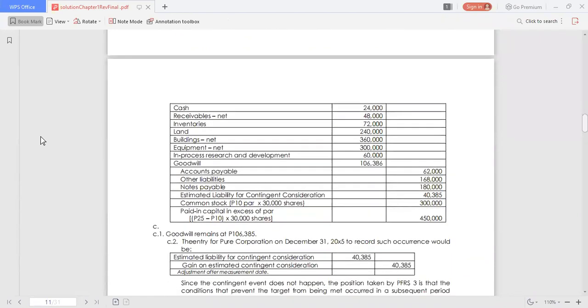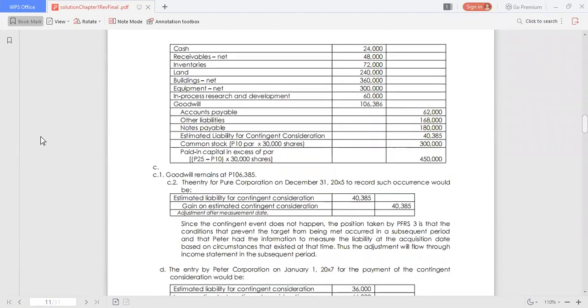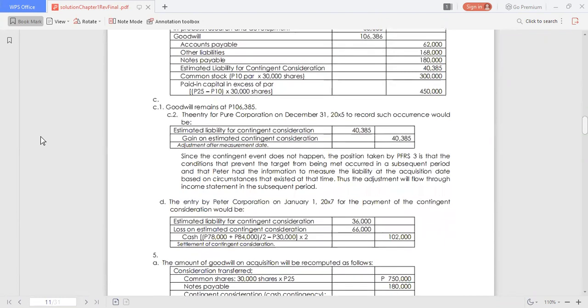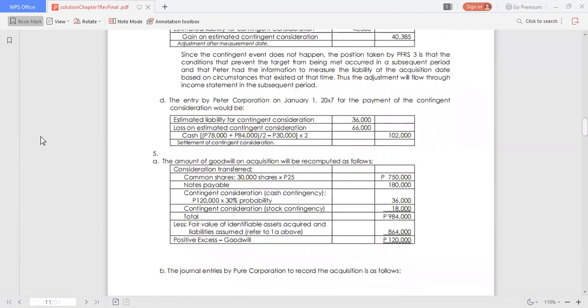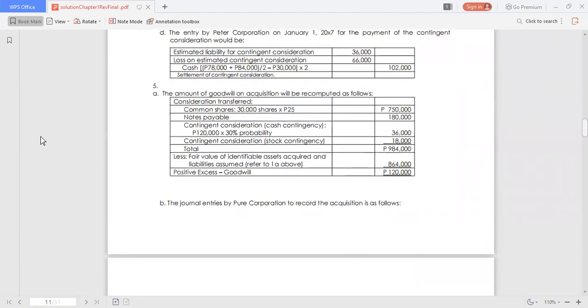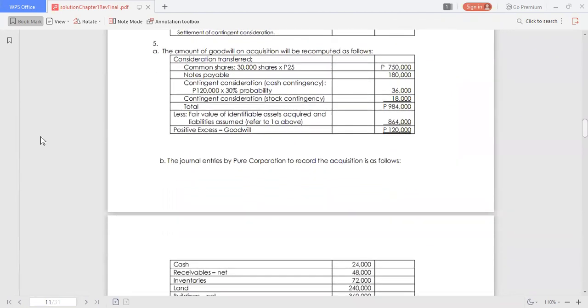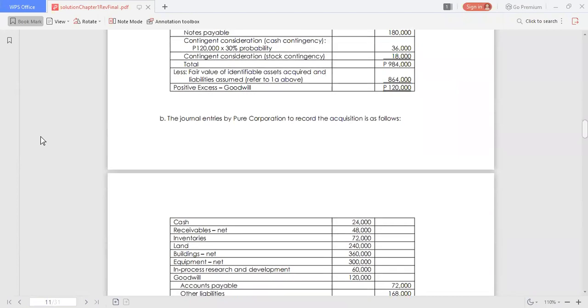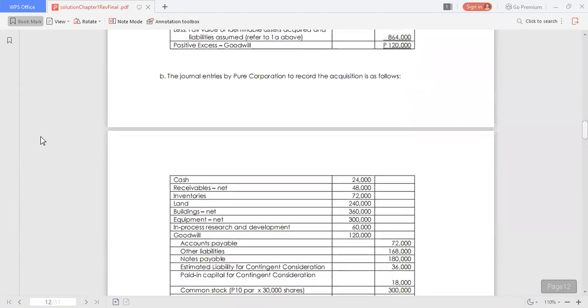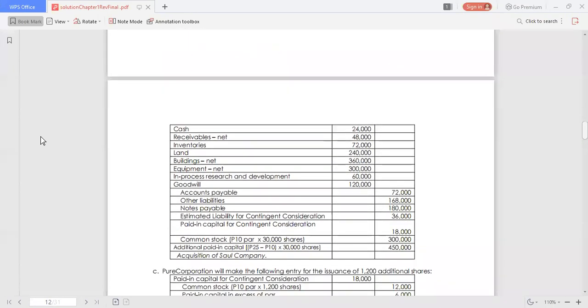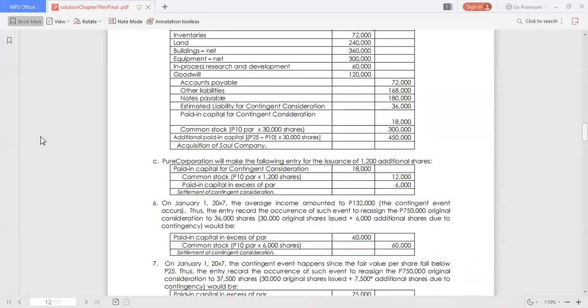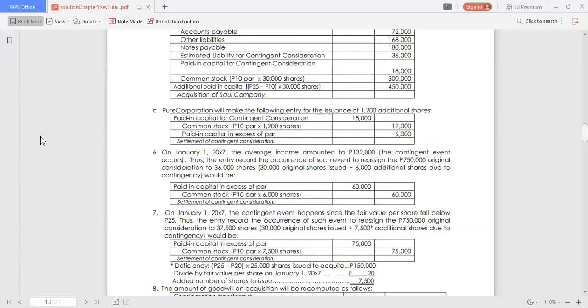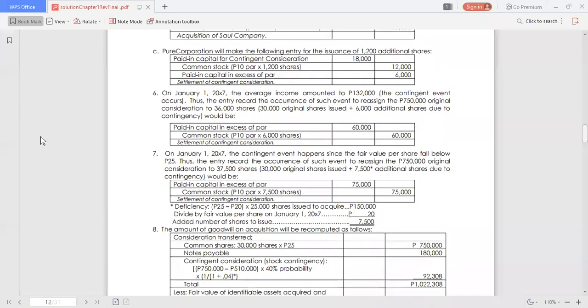Then we have 4C, D, followed by 5A, 5B, 5C. Okay, that's number 5, 6, 7, 8.